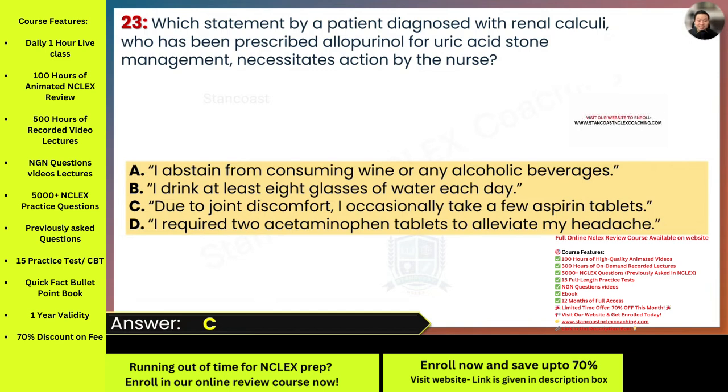Acetaminophen is a safe pain reliever for the patient having renal calculi because it does not affect the urinary acidity like aspirin does. And when you're going to encounter the same type of question, you have to focus on identifying medications that could have an adverse effect on the patient's condition, such as the aspirin in the case of uric acid stones.